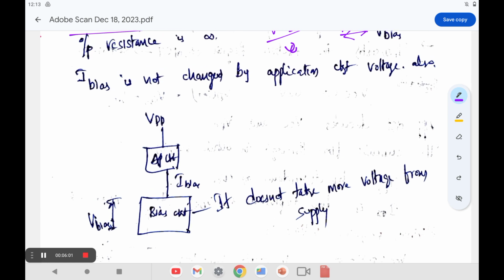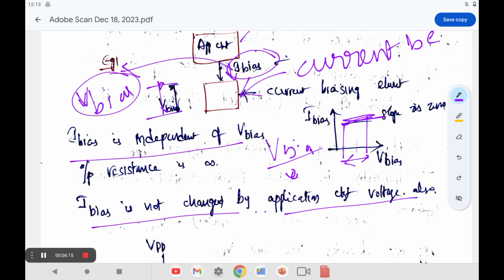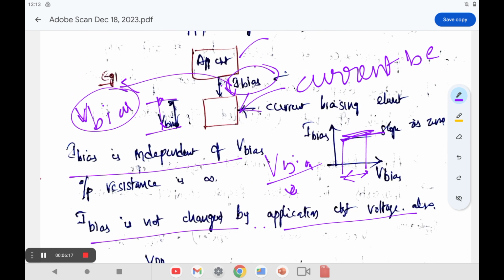The second thing, the second analysis of the same characteristics, is that I bias is also not changed by the application circuit voltage. There may be cases here also where there is some voltage produced due to the application circuit.